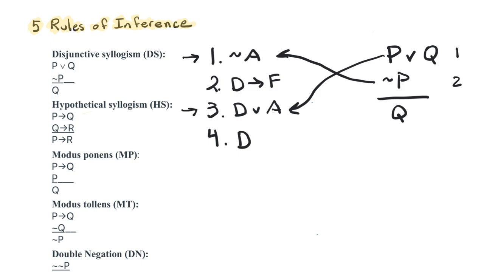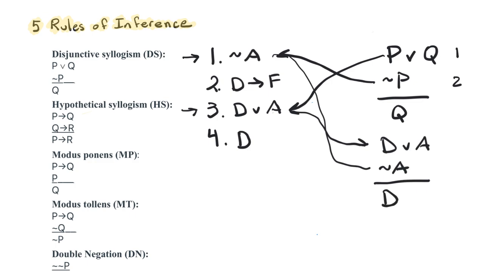So it might be a little bit easier to recognize it like this, where we put D or A, not A, therefore D. So to do derivations, you're going to need to be familiar with the generic form and also how it might appear in a more complicated set of claims. So cleaning this up a little bit here.